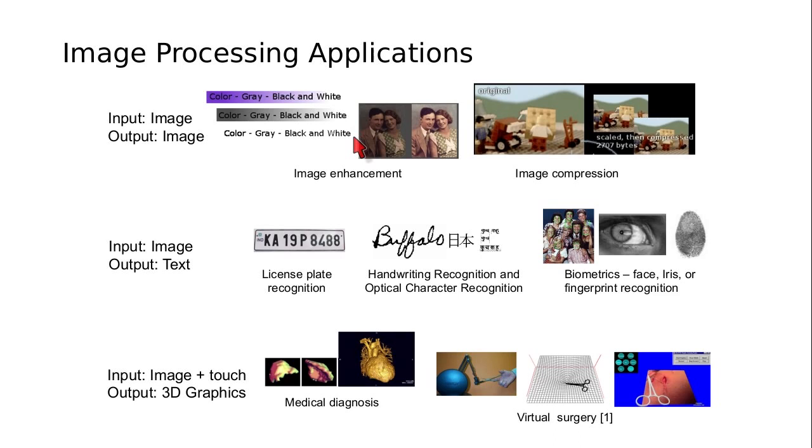Similarly in image forensics, where you have bits and pieces of an image, or you have surveillance videos which are not high resolution. If you want to increase the resolution, or if you want to remove certain things like shadows from the surveillance video, image enhancement is again very useful. Similarly, agricultural image processing.